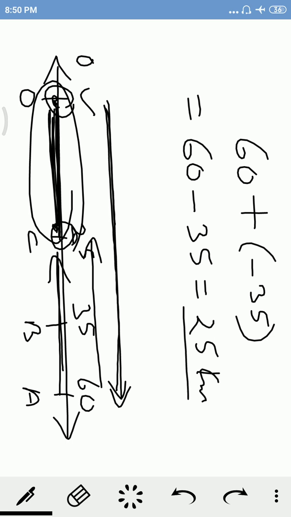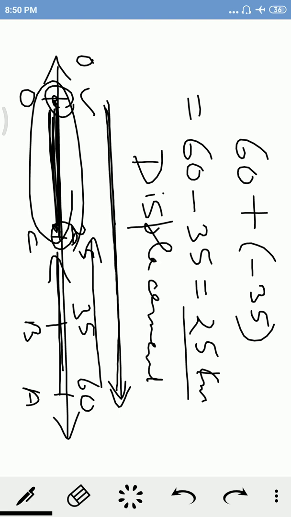So this quantity is called displacement. Now here we are considering the direction of motion also. This direction we are taking as positive, and the opposite direction we are taking as negative. So we have taken a negative sign here.